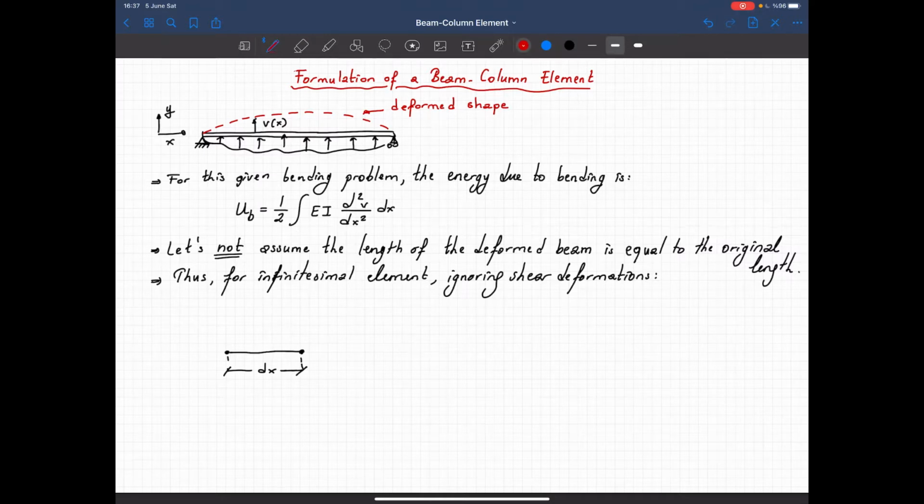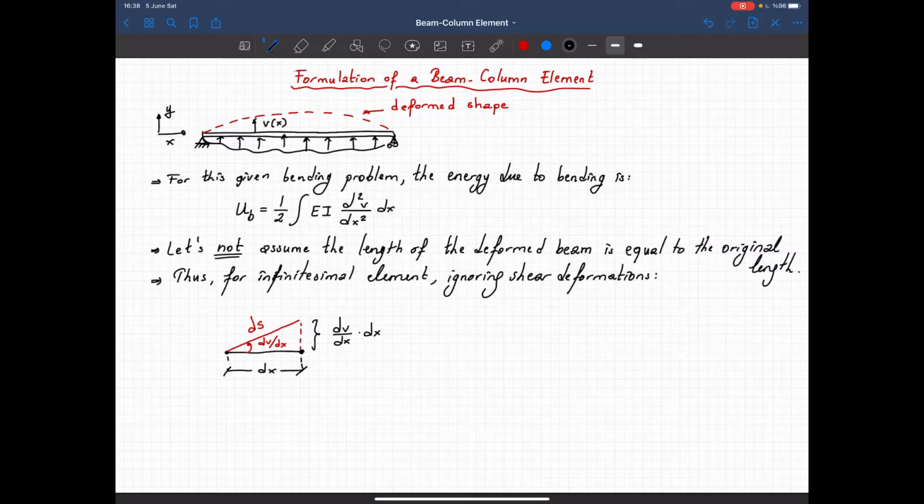Now it bends, so when I take a look at the infinitesimal element, this is what I see. And the length of this is equal to ds. And we know that this angle, since I ignore the shear deformations, is equal to dv over dx. In that case, this length will be equal to dv over dx multiplied by dx.